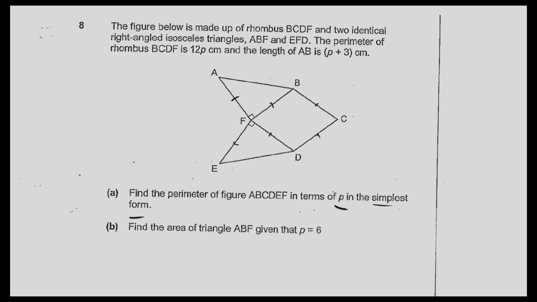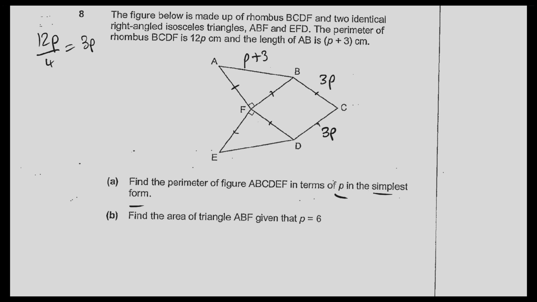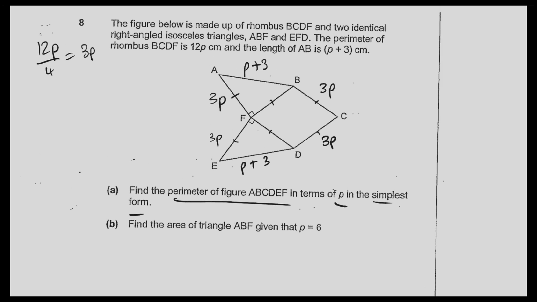The perimeter of the rhombus BCDF is 12p. So what is the length of one side? That's just 12p over 4, 3p, so we know this is 3p, and the length of AB is p plus 3. So this would be 3p, this would be p plus 3, this would be 3p and 3p. What is the perimeter of the figure?